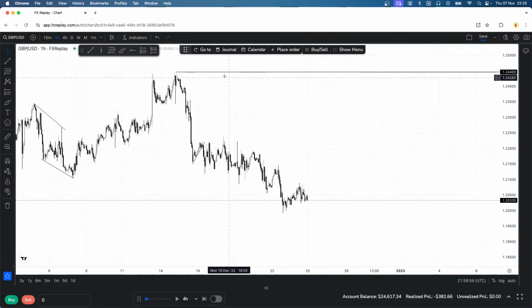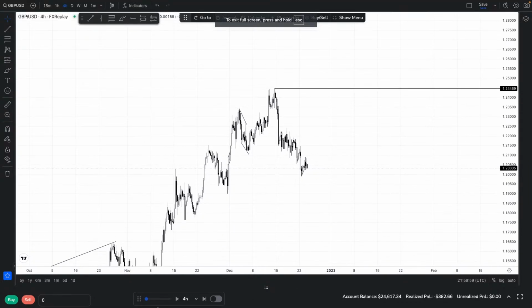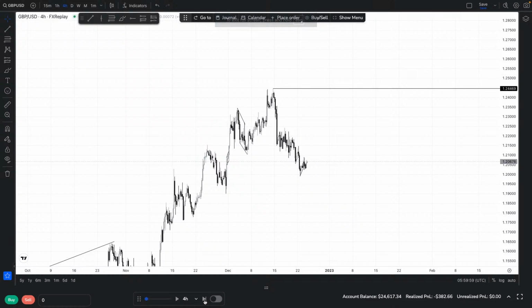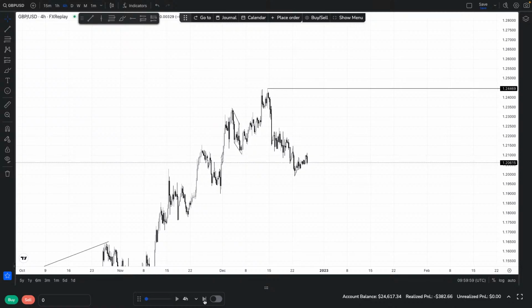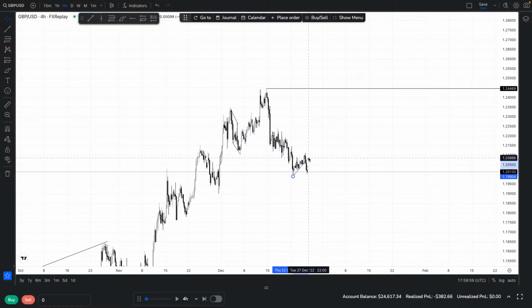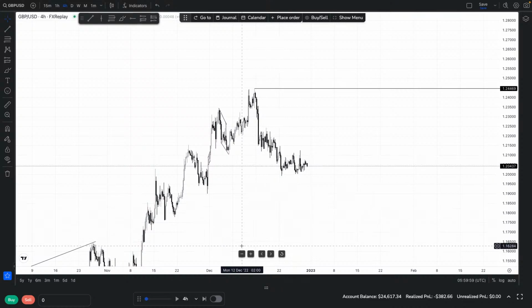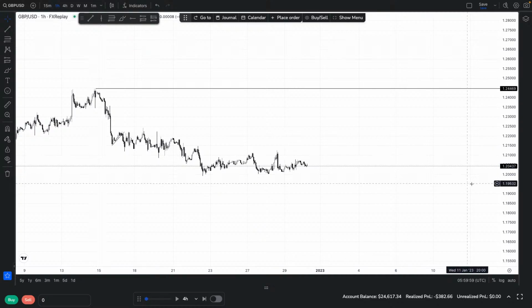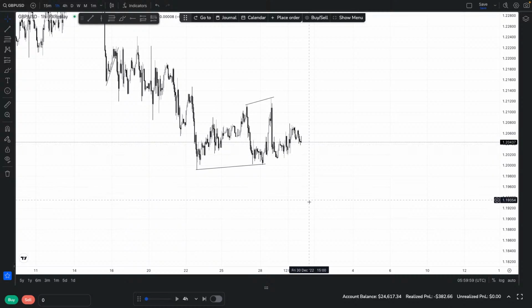So this looks like a sell setup. This looks like it's gonna break to the downside.